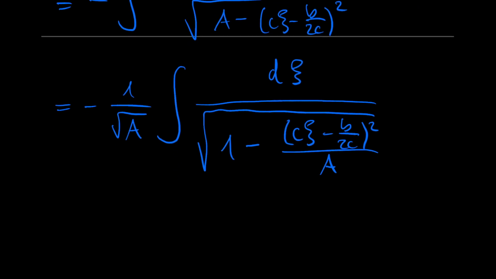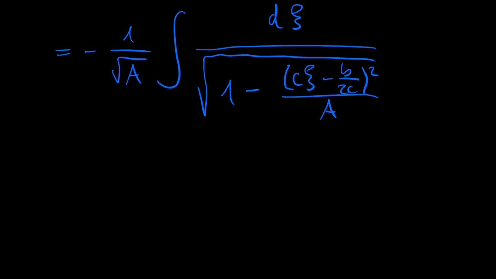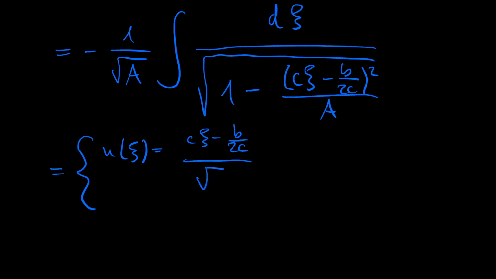Okay, now we can go back to actual integration, and what we do now is we perform a little substitution once again. The substitution that we perform now is the following. We say that u of psi is equal to c times psi minus b over 2c divided by the square root of a. So the square root of this part here.